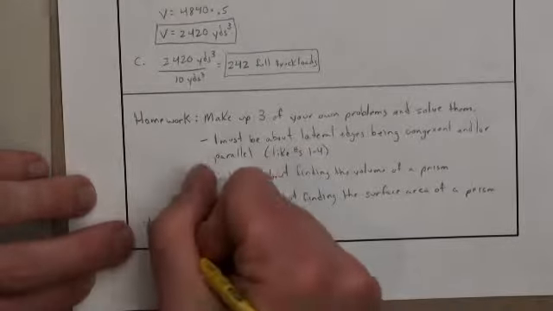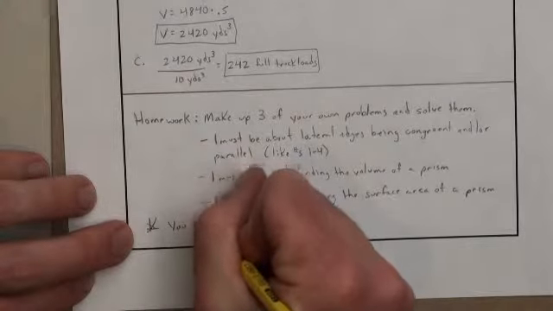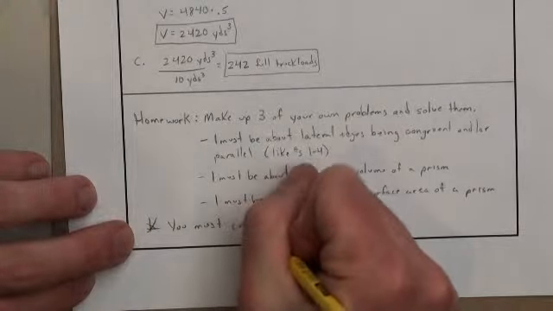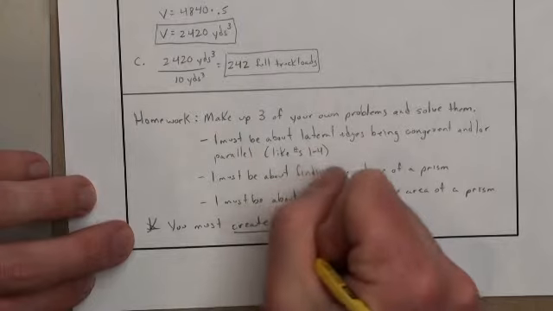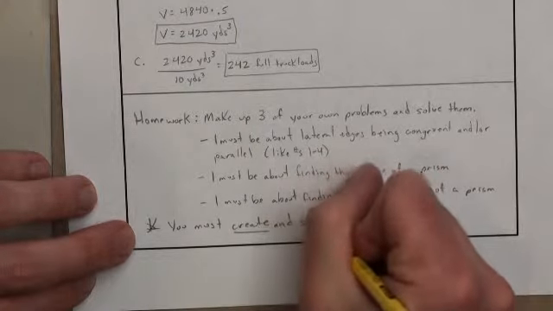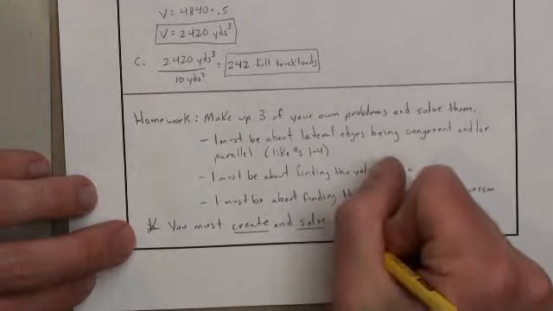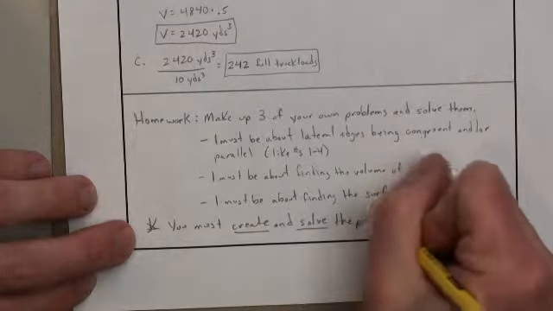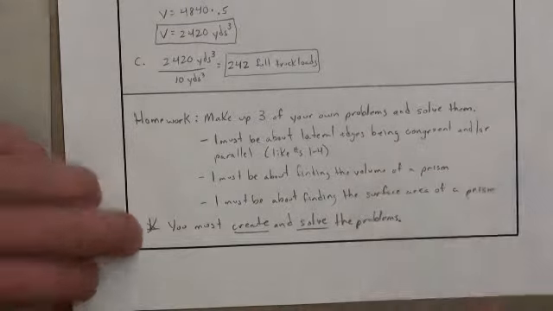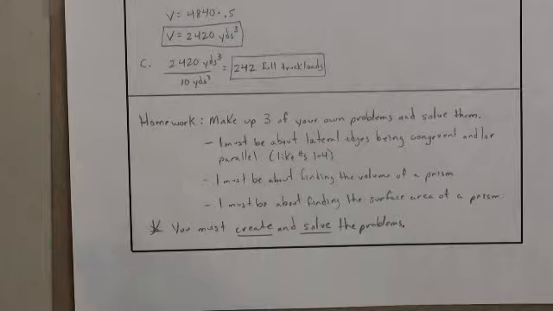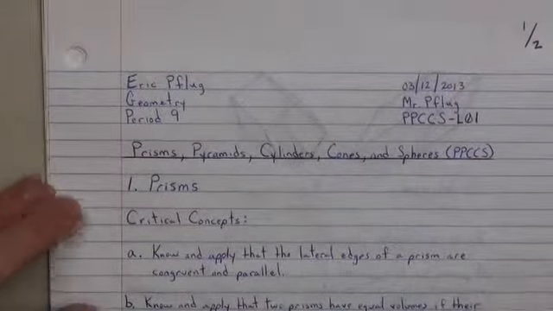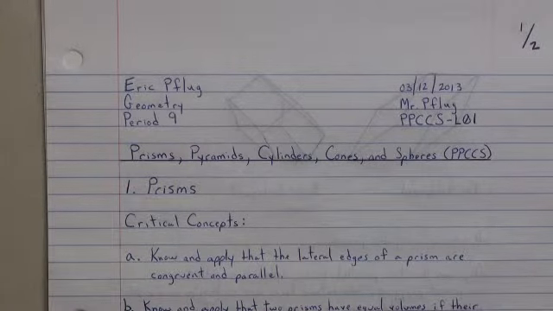Note, you must create and solve the problems. Okay? And put that all together with all of this, and that is the end of the first lesson on prisms, pyramids, cylinders, cones, and spheres, and this lesson was all about prisms.